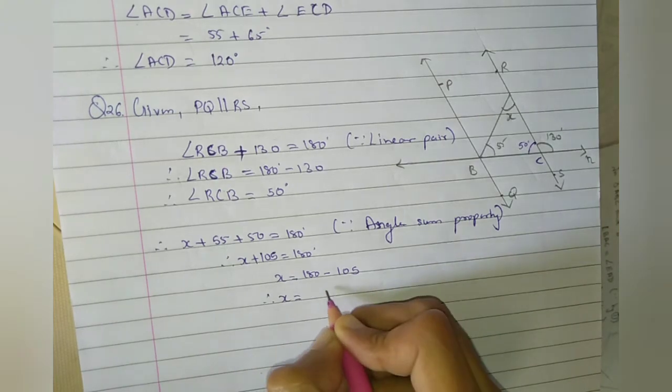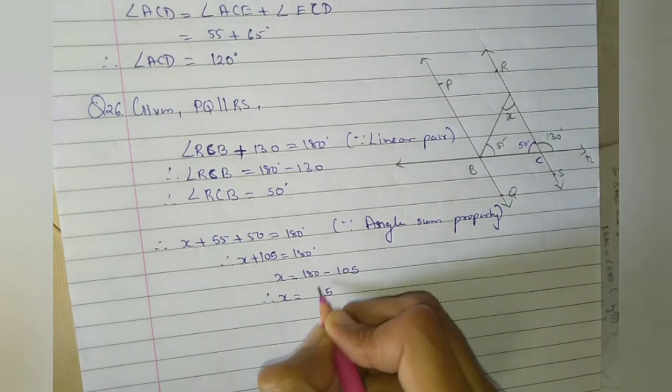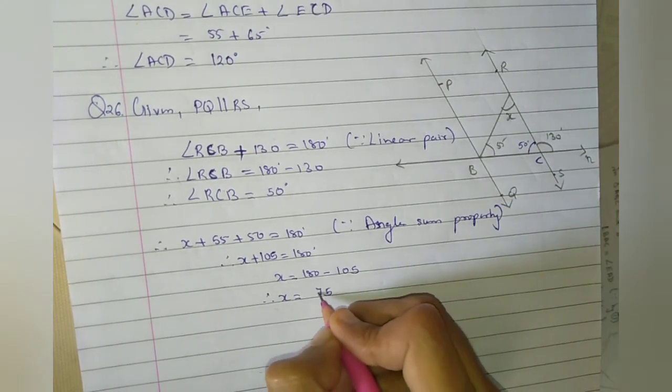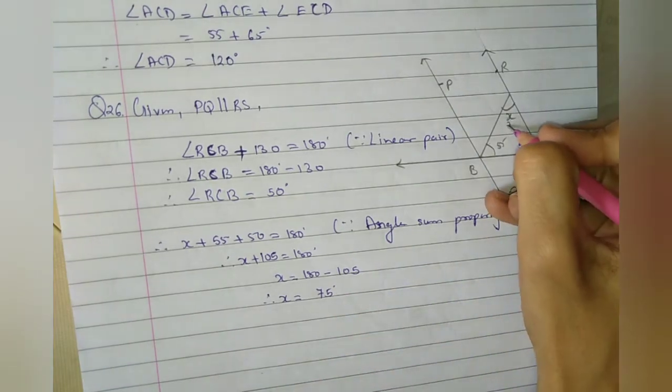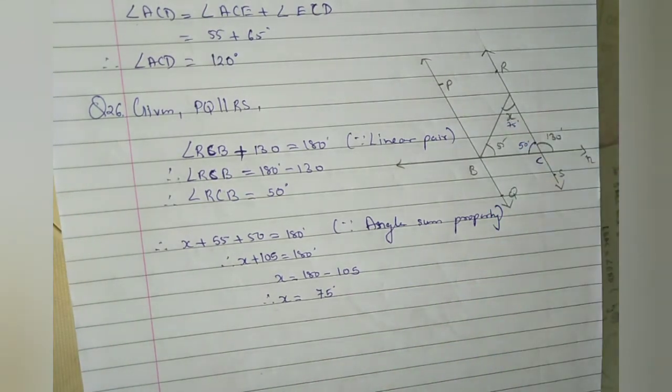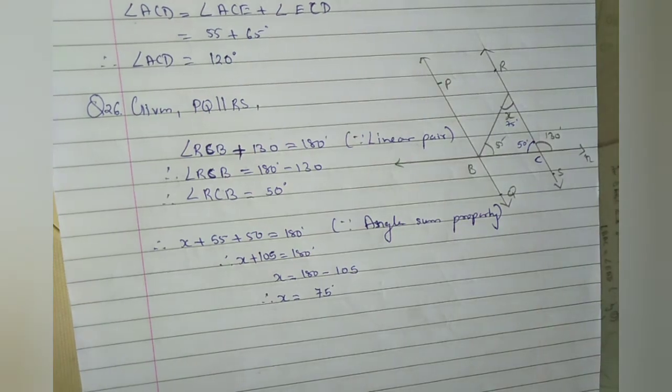Therefore X is 75 degrees. That's all. We have to find only the value of X.